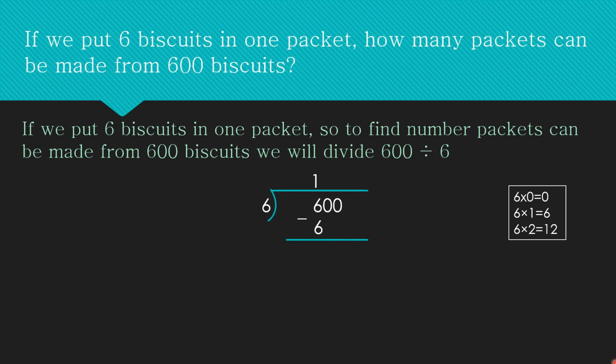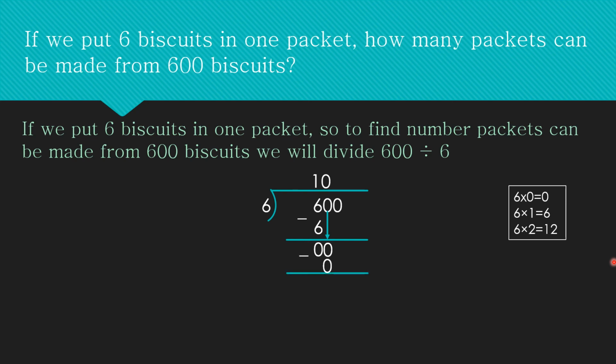Now we will take this 0 down next to this 0. So we will write 0 down. Now we will divide 6 0 times. So 6 zeros are 0. Write the 0 down, subtract it, we will get answer 0.